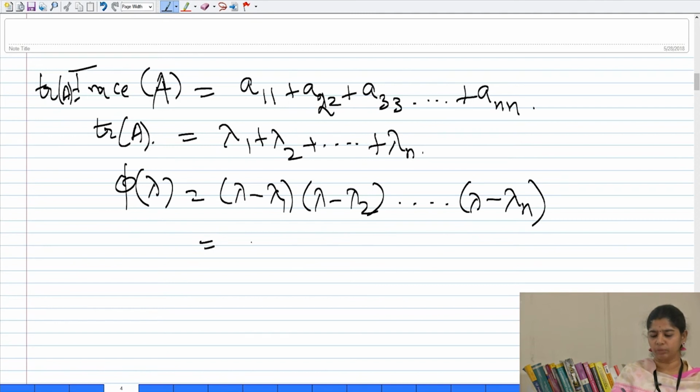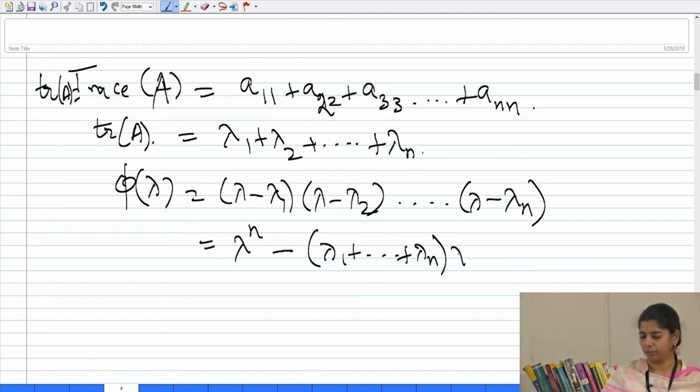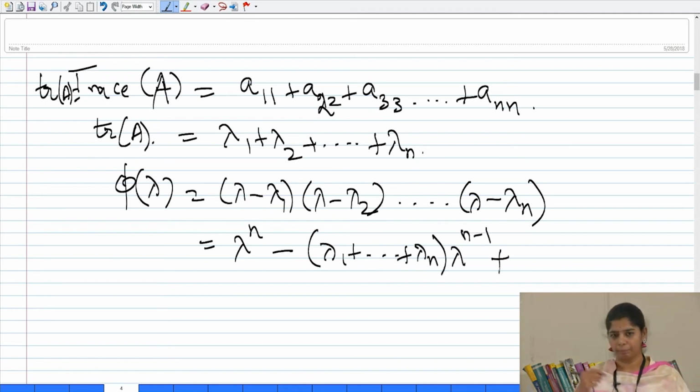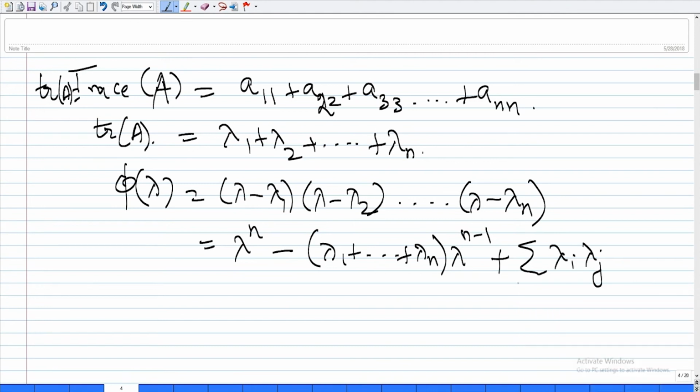So, actually the factors would go like this. You have lambda power n minus (lambda 1 plus lambda 2 plus ... lambda n) times lambda power n minus 1, plus the product of 2 elements. All 2-element possibilities, you take the sum of all of them. Every possible pair you pull out and write it, so it would be something like sigma lambda i lambda j with i not equal to j.